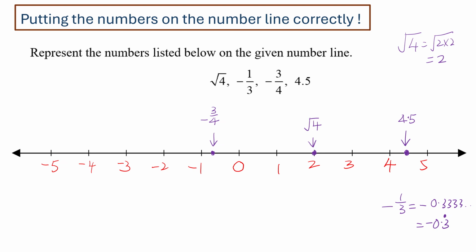So it's between 0 and -1, so it should be somewhere here. That's -1/3. All right, so that's how we represent the numbers listed on the number line.